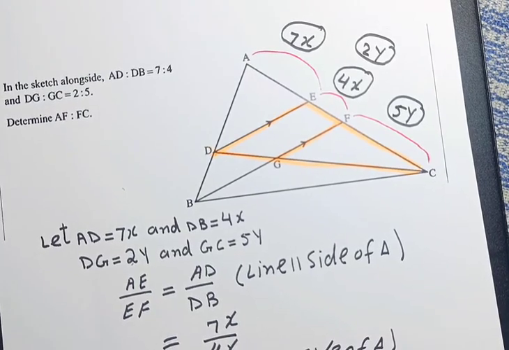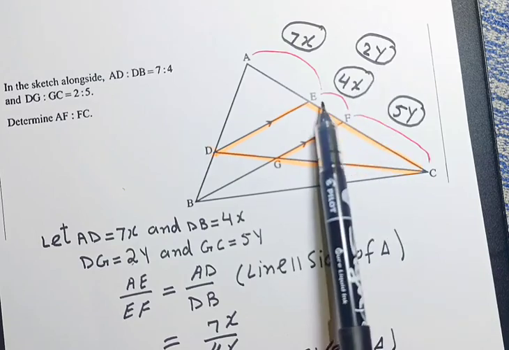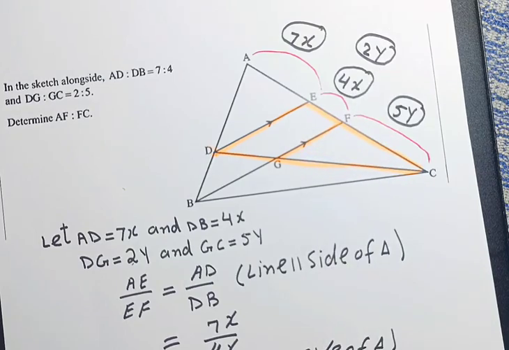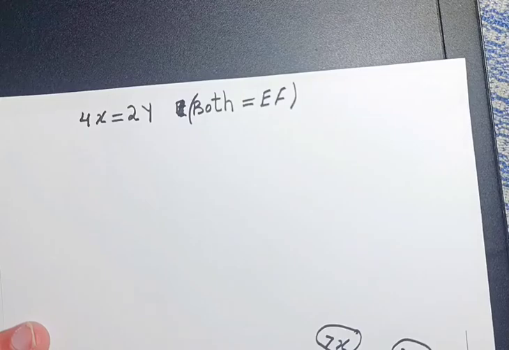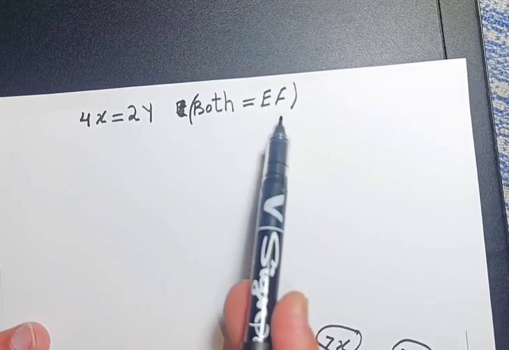So we have the length in terms of both variables. We need to equate the two expressions and then make one of the variables the subject. Remember, 4x and 2y are both equal to EF.